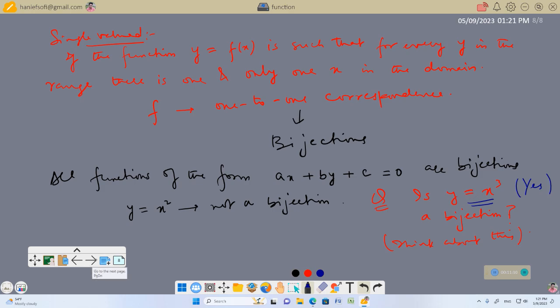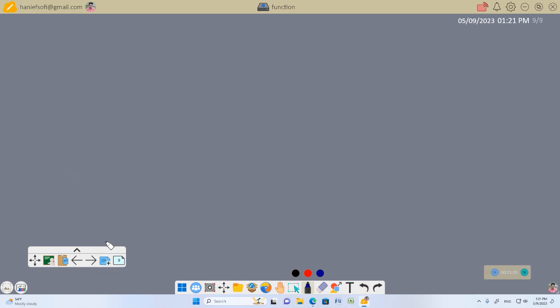One more thing, we can have a function, a variable. For example, let me talk this way. We can have a variable w which can depend simultaneously on many variables. For example, this w can depend simultaneously on x, y, and z, right?